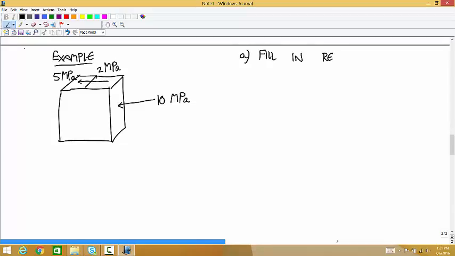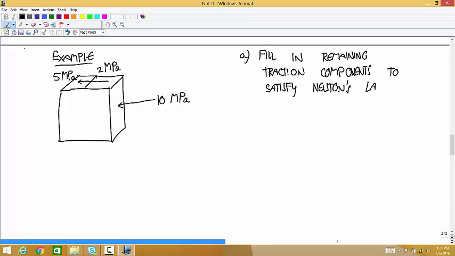First, fill in the remaining traction components to satisfy Newton's laws for equilibrium. And then second, give the corresponding stress tensor.